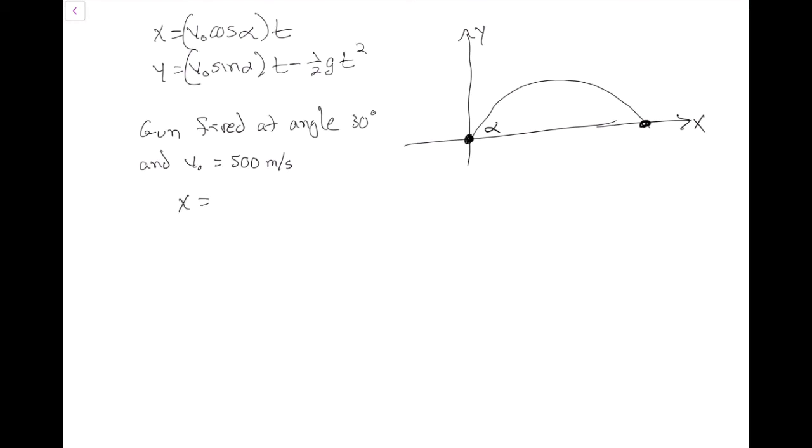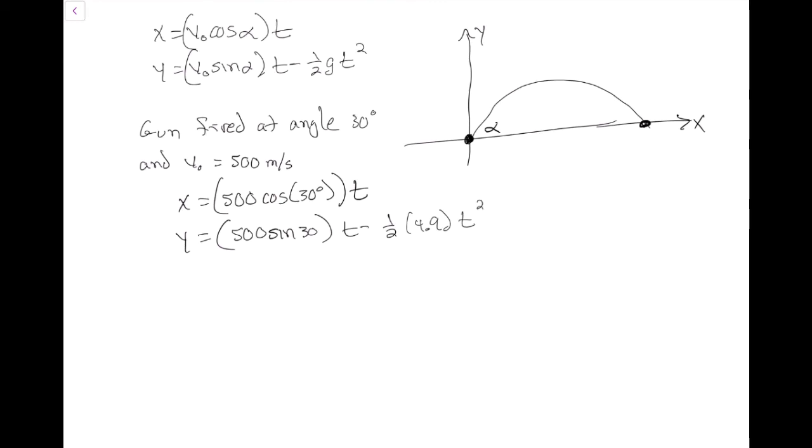If I plug into my projectile motion equations, the coefficient of t in the x equation is 500 cosine 30 degrees, then the coefficient of t in the y equation, and then minus 1/2 g t squared. g is the acceleration due to gravity, 4.9 meters per second times t squared.